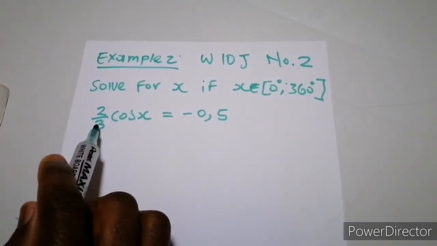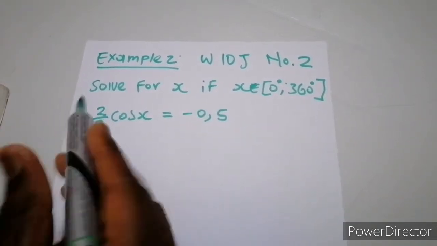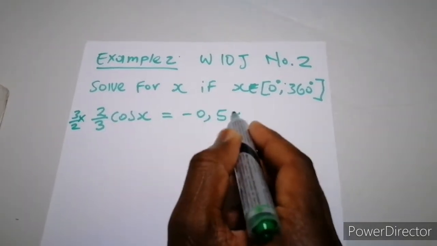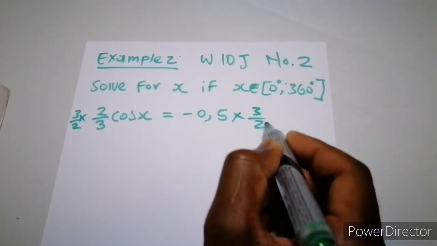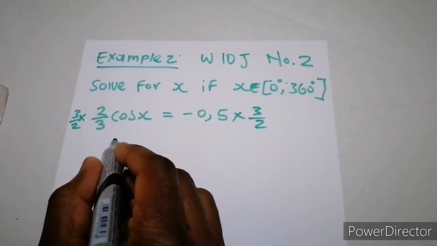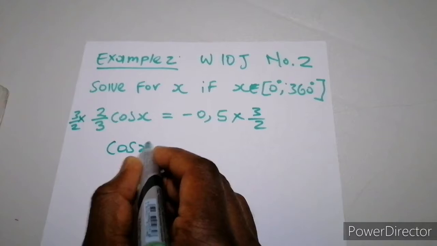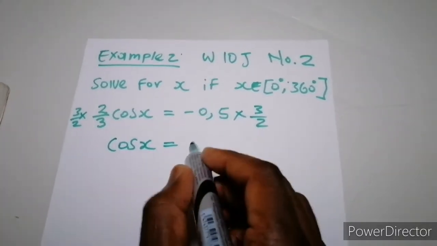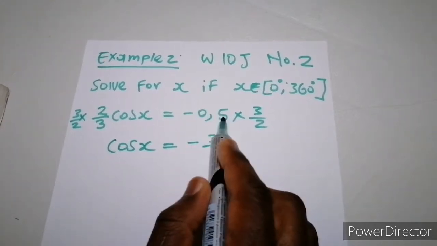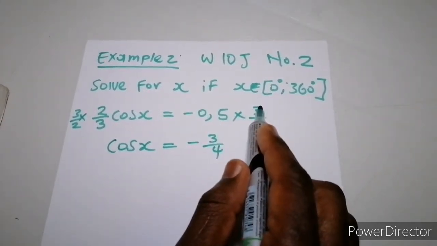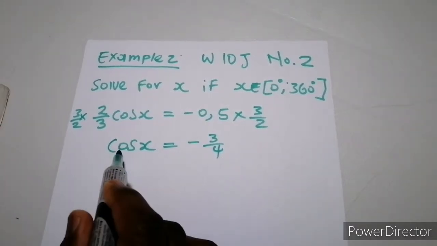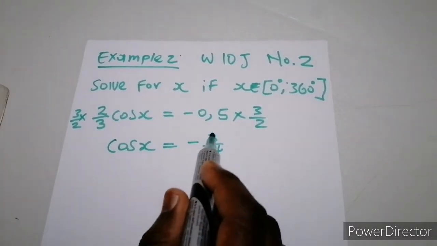We're going to multiply both sides by 3 over 2, or divide both sides by 2 over 3. Then what is going to remain is negative 3 over 4. Negative half multiplied by 3 over 2 is negative 3 over 4. Now the function of an angle is equal to negative 3 over 4.